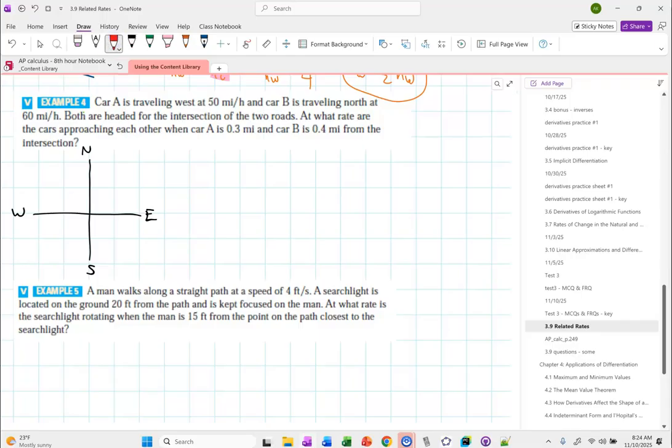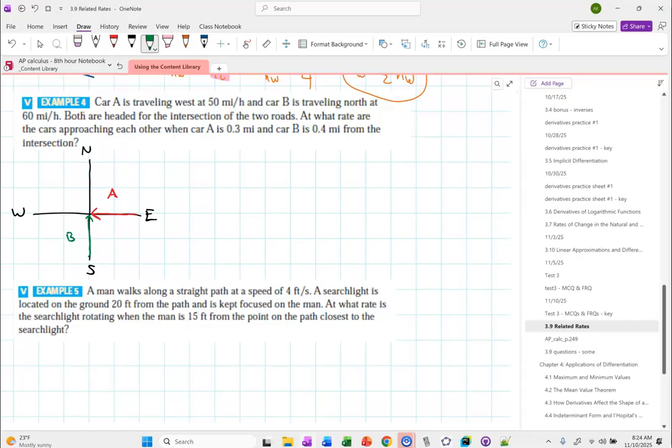Car A is traveling west. And car B is traveling north. They're both heading towards the same intersection, right? Everybody feel good about what we've drawn there?